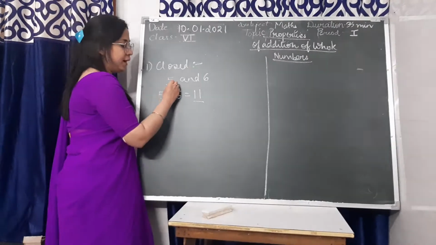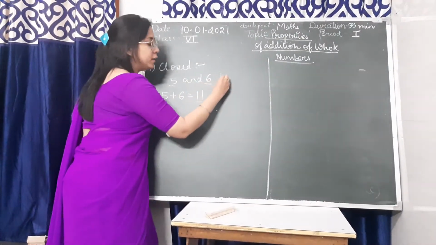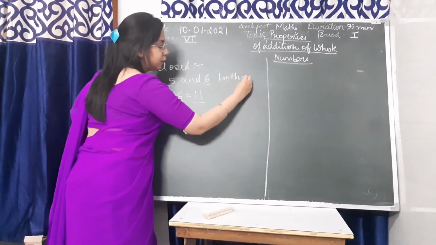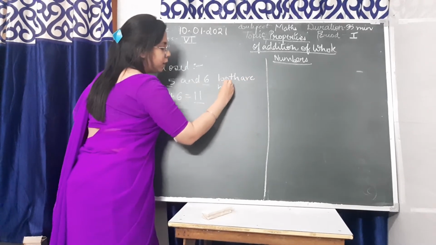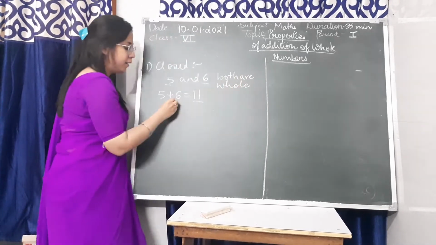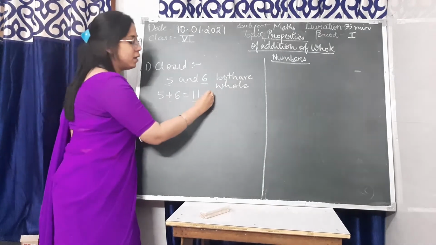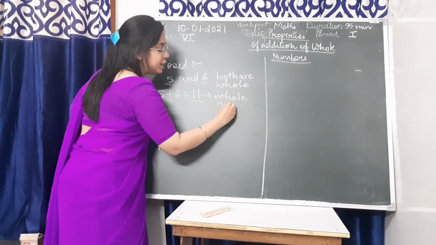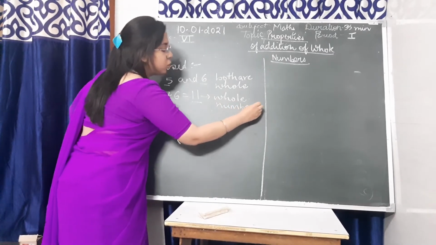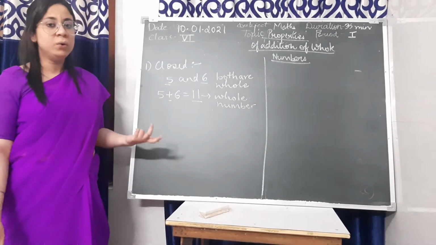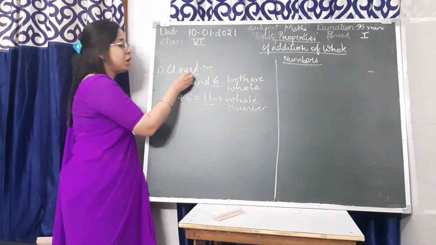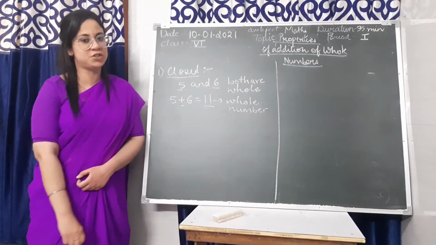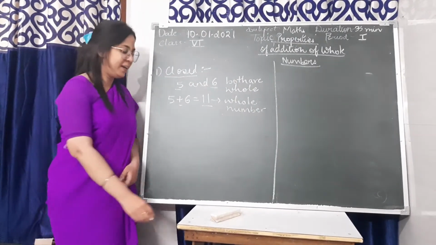Both 5 and 6 are whole numbers, and when I add them, I get again a whole number. So this property of addition is called closure property, and whole numbers are said to be closed under addition. Okay, ma'am. Great.